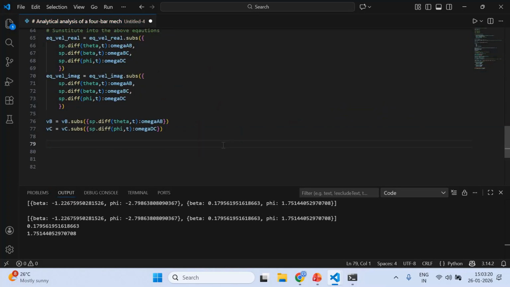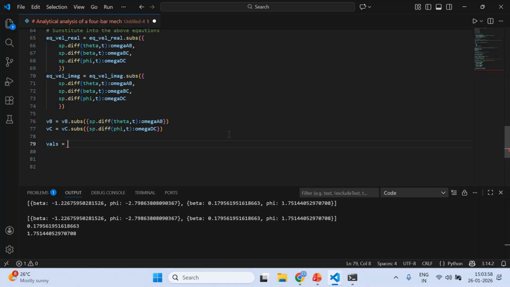Now after all these terms have been defined, let us take up the values that we want to substitute. If you carefully observe, we need to substitute two new values in order to calculate the angular velocities of link BC and DC, and again the linear velocities VB and VC.